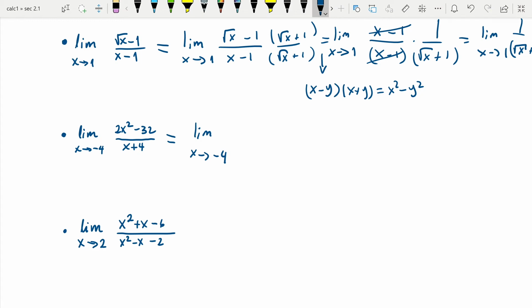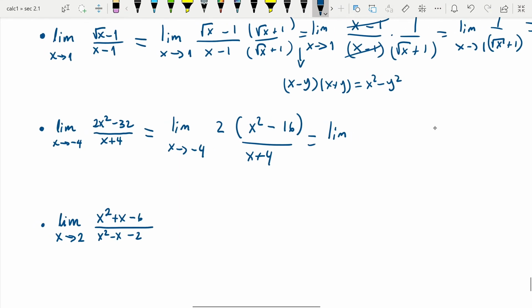So what we do is factor out a 2: 2 times x squared minus 16 divided by x plus 4, and write this as the limit as x approaches minus 4.